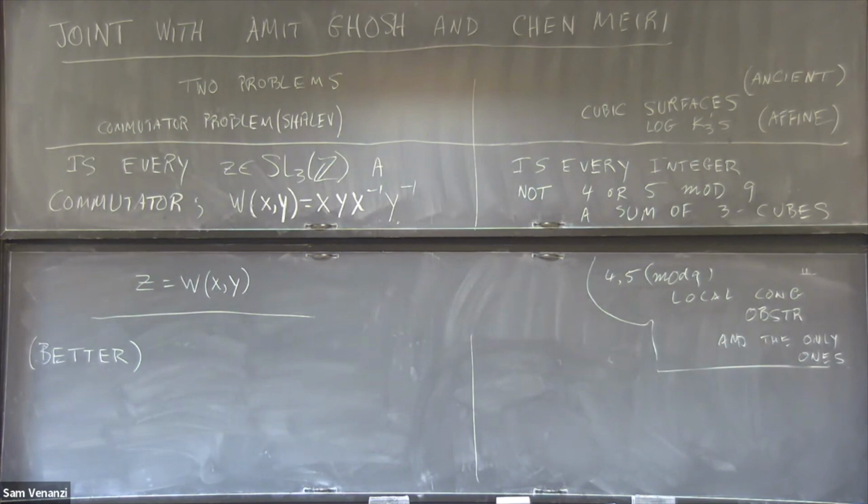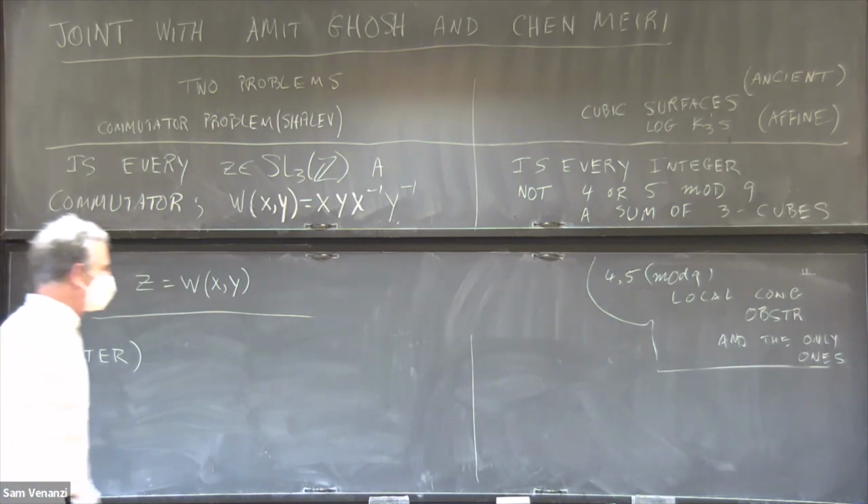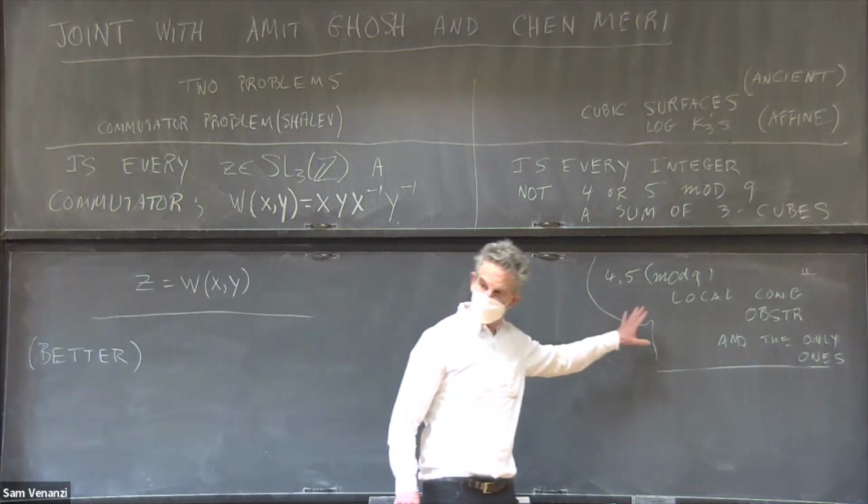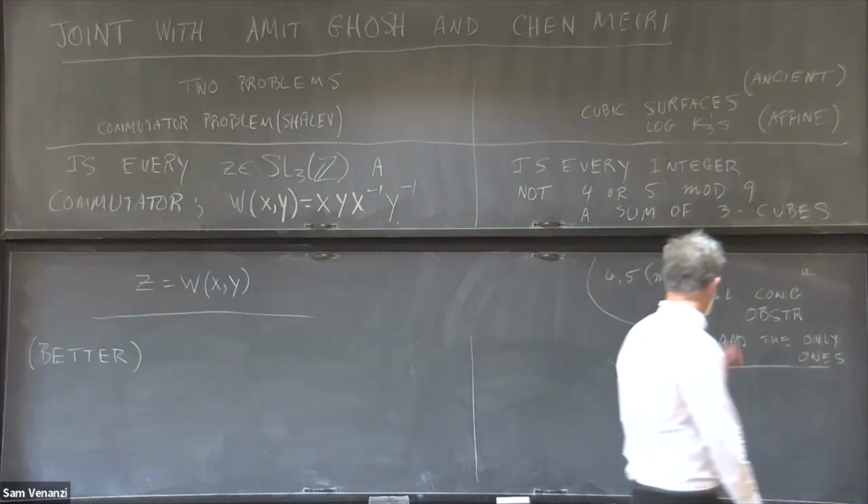So modulo 9, or modulo any number, the only obstruction is at the prime 3 and its powers. So it's solvable over Z_p for every p, and for p equals 3, this is the only obstruction. This is all elementary, local stuff.